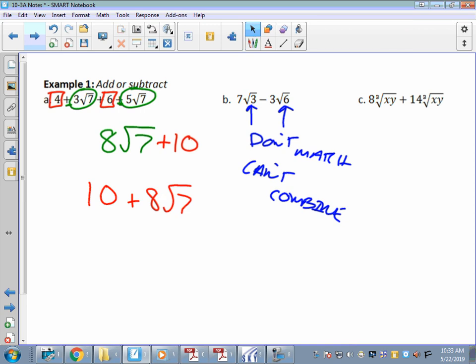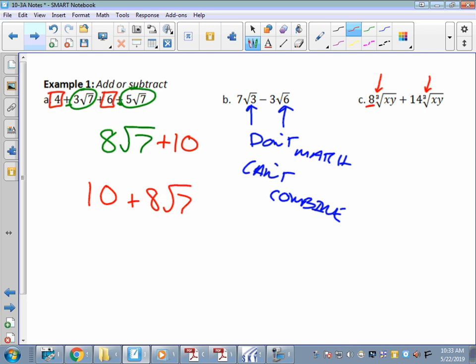Now let's look at example C. This one we've got a cubed root. It's the same deal as long as the roots are the same, or the index we called it. Over here on A and B, we're using square roots. Here we've got a cubed root here and here. Because they're both the cubed root of xy, we can just add up what's outside.